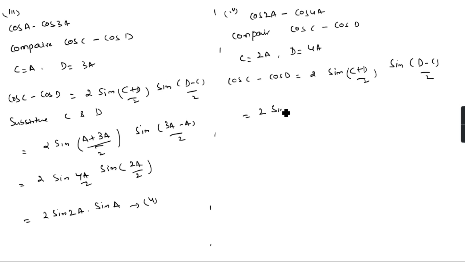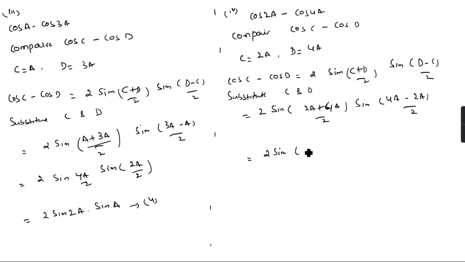So we get 2 sin of, substitute the C and D, (2A plus 4A) by 2, sin of (4A minus 2A) by 2. So we get 2 sin of 6A by 2, sin of 2A by 2.